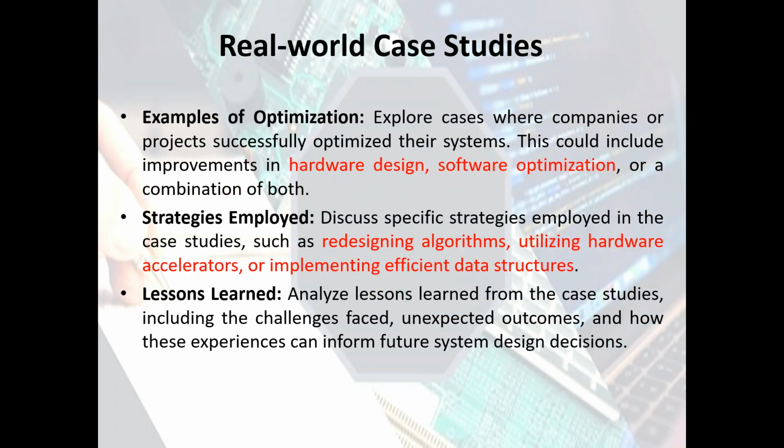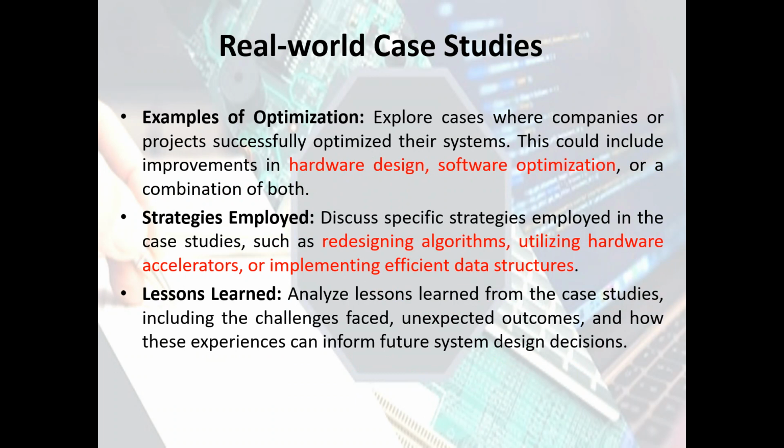These are some of the real world case studies, one of which is examples of optimization. So we could explore cases where companies or projects successfully optimize their systems. So this could include improvements in hardware design, software optimization, or a combination of both.